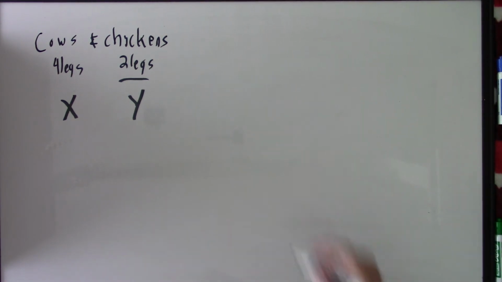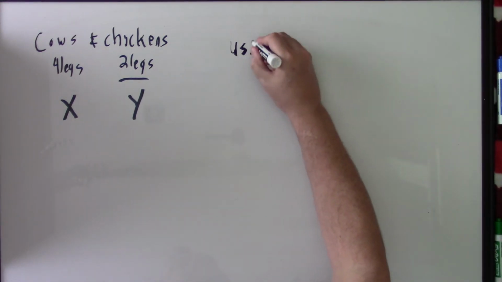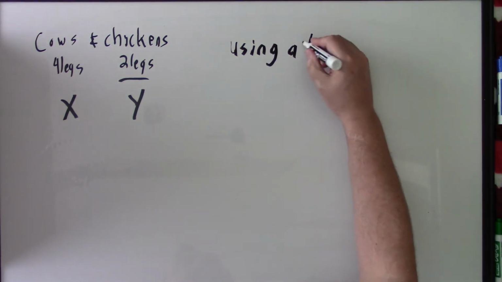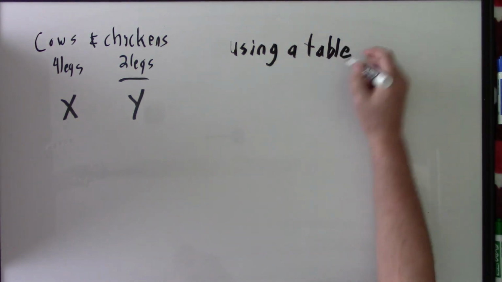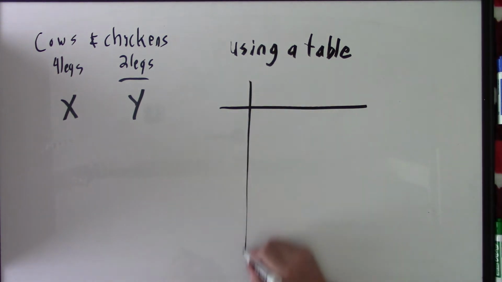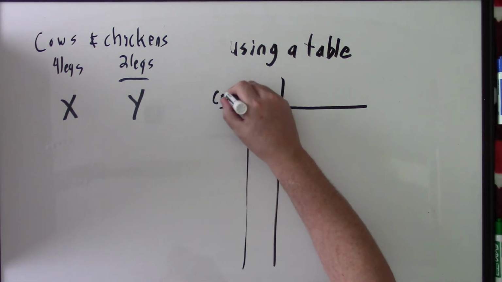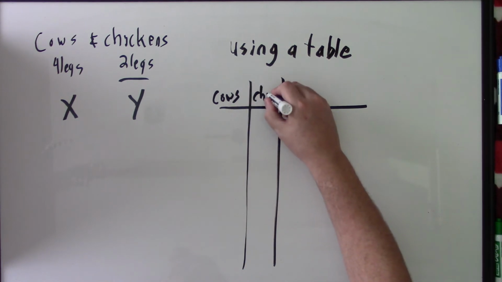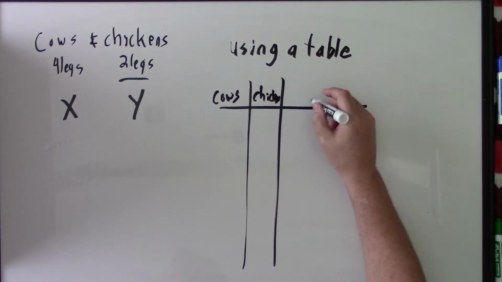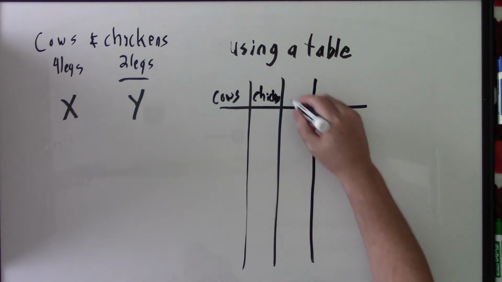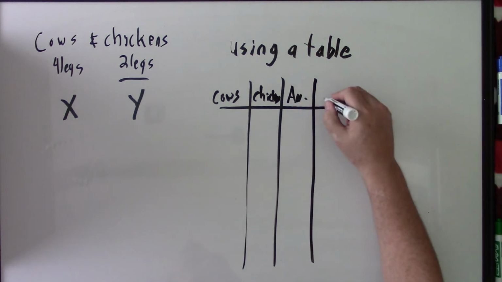So the next one is using a table. So basically we're just trying to organize our thoughts. So we have cows, chickens, and then we have animals and legs.